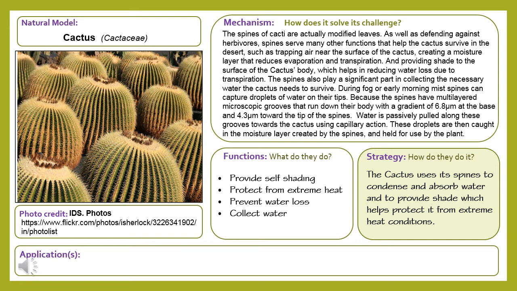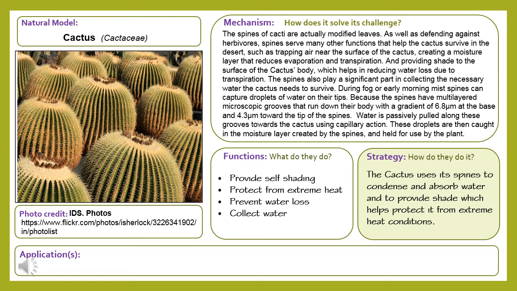Now that you've had time to discuss possible ways of describing a strategy, let's look at what's happening and come up with a single, concise answer. The spines shade areas of cactus skin and lower the surface temperature of the cactus's body. This lower temperature means the cactus suffers less water loss, which allows it to thrive in the desert's harsh environment.